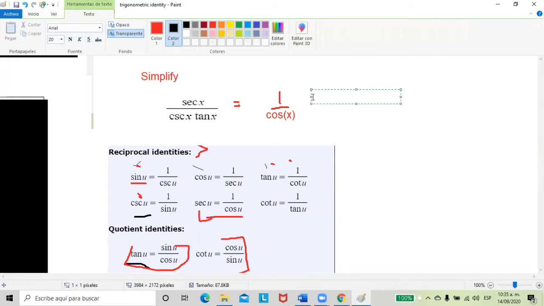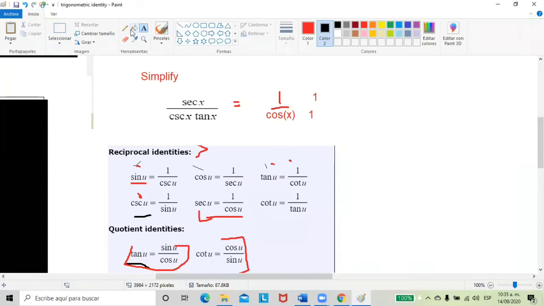So we write 1 over 1 over sine. And we have the tangent.